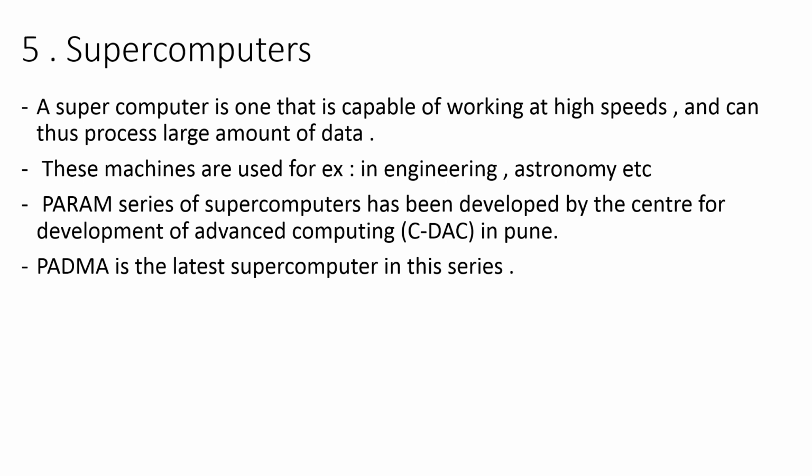The third type that we have studied is the mini computer. A mini computer is more powerful than the microcomputer, but not as powerful as a mainframe. These computers were manufactured in the 1960s and were largely replaced by microcomputers in the 1990s.